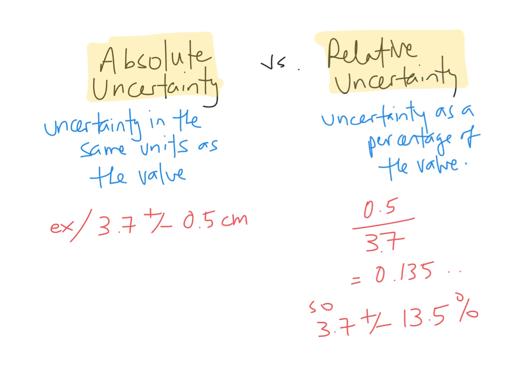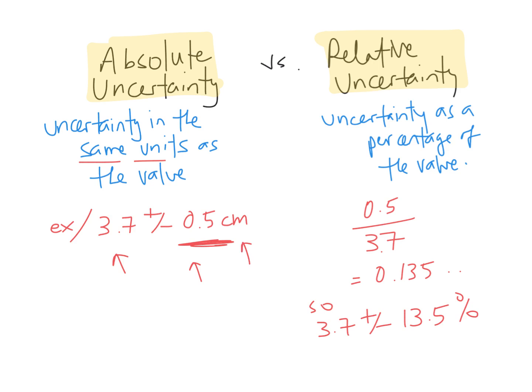An absolute uncertainty is when the uncertainty is in the same units as the value. So that's what we've looked at so far. For example, when you see 3.7 plus or minus 0.5 centimeters, that's an absolute uncertainty. Both the uncertainty and the value are in the unit of centimeters.